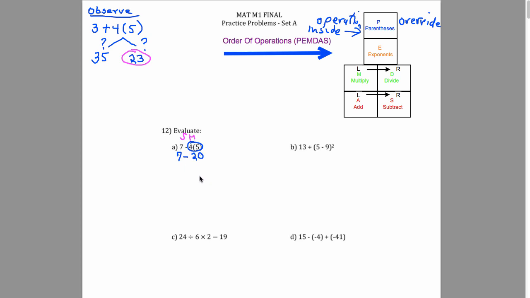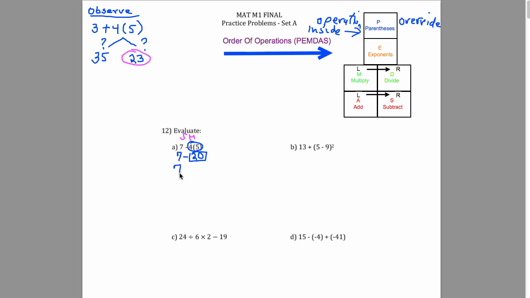And now there are different ways to handle subtraction. The way I like is to turn it into an addition problem and then use the rules for addition. So when it says 7 minus 20, you don't see a sign on the 20, and the negative sign here is subtraction. So it's 7 take away a positive 20.